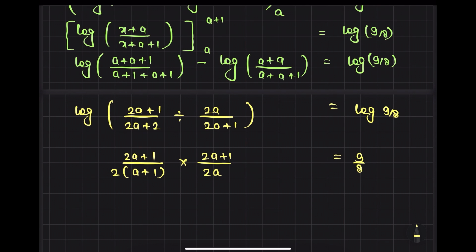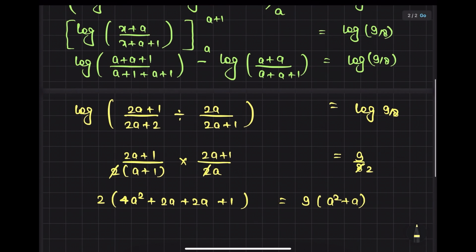Okay. So can I multiply both sides by 4? So this thing is gone, this thing is 2. Now let's do the cross multiplication. So it is 4a square plus 2a plus 2a plus 1 multiplied by 2, and then 9 times a square plus a.